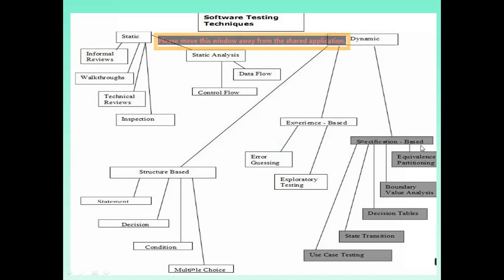Specification based is the classification based on the specification, that is equivalence partitioning, boundary value analysis, decision table, state transition, and use case testing. There are several types of testing.